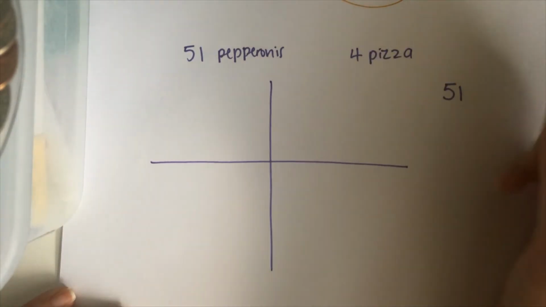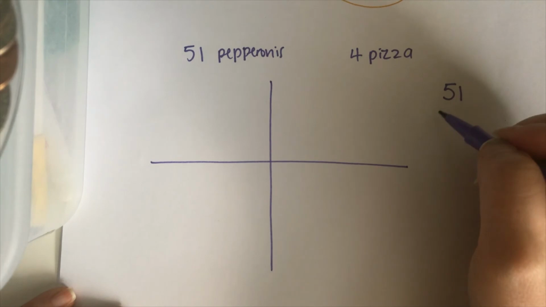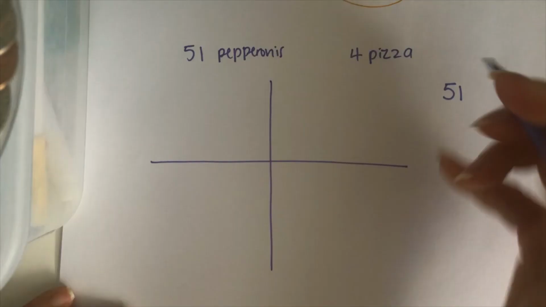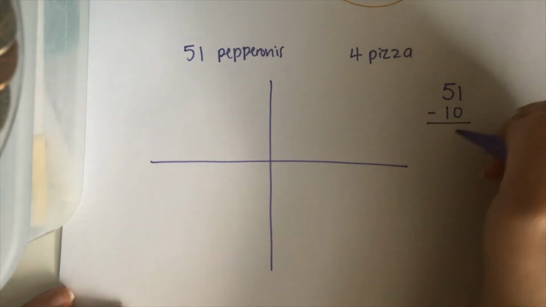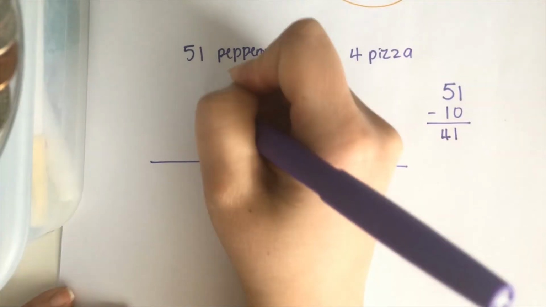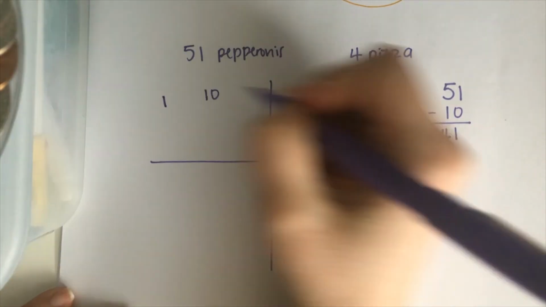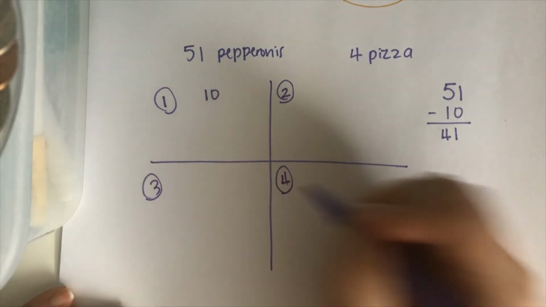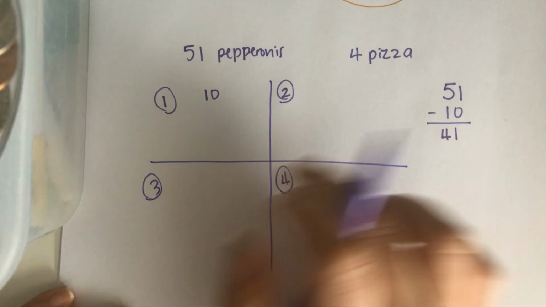So I already know that if I were to put 10, 10, 10, 10, that's 10, 20, 30, 40. So we can actually do that. So I'm going to take away a 10, that's 41. Put a 10 here. So this is my first pizza, my second pizza, my third pizza, and my fourth pizza. And you're just writing the numbers in.